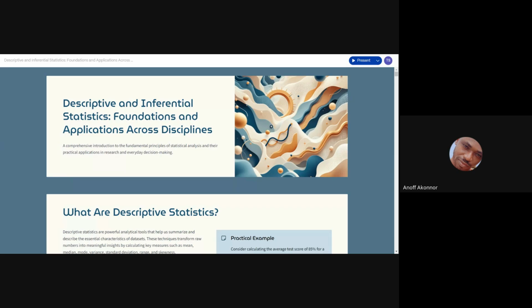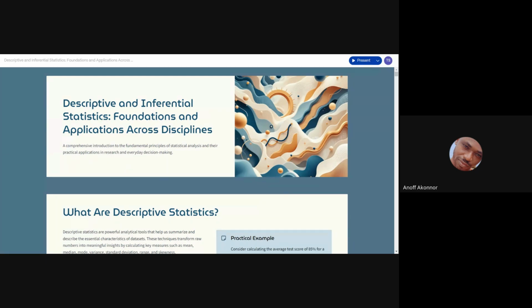And from our research, we found that descriptive statistics are methods that we use to organize, summarize, and then present data in a meaningful way. But it doesn't go beyond the data. So the main question there is, what does the data say? So we are not going beyond the data.